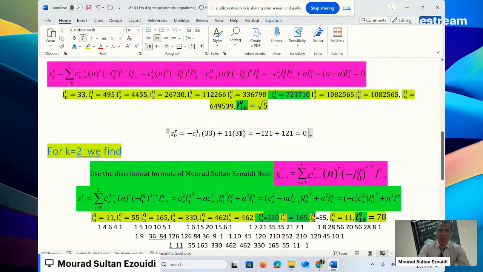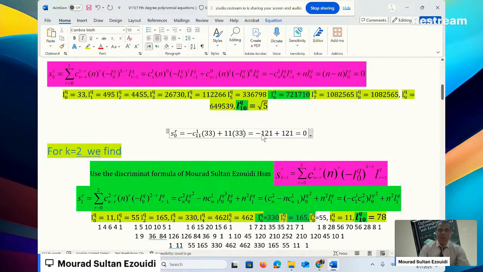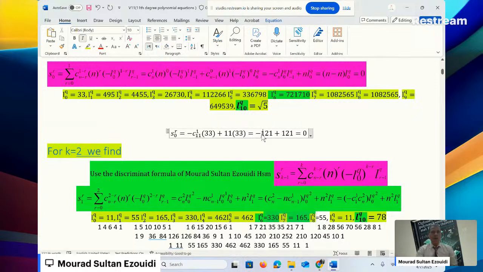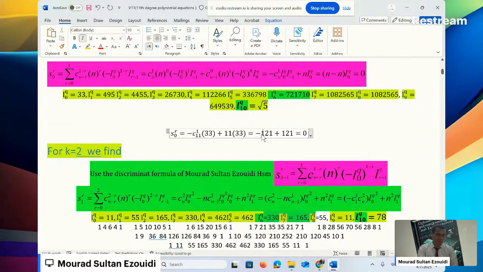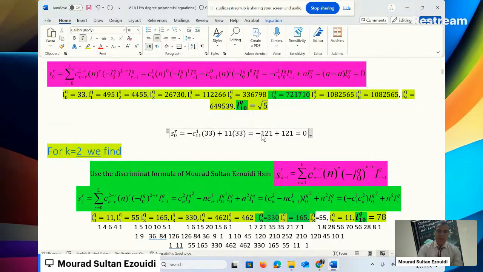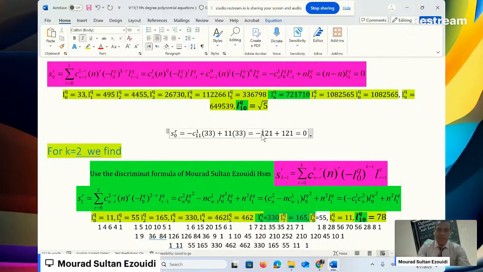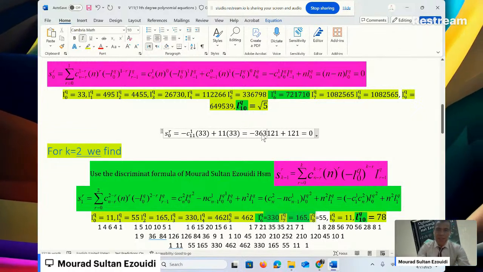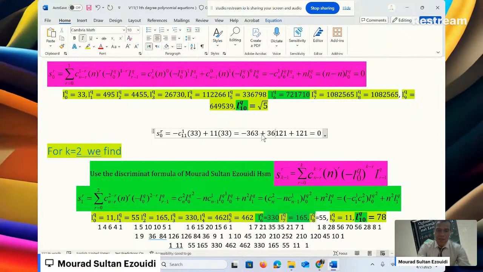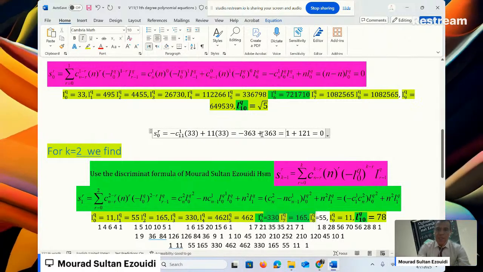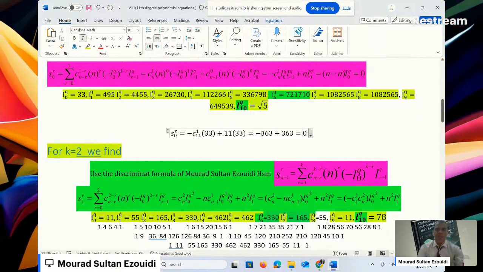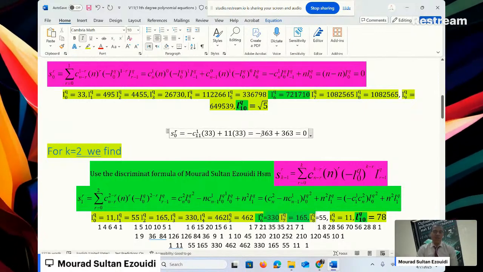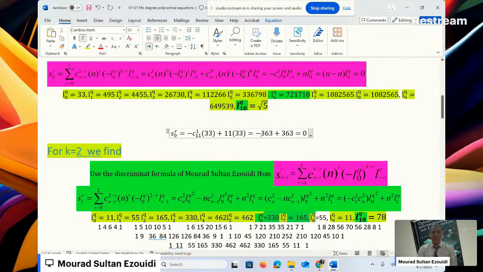So this one has to be equal to 11 times 33, which is 363. 363 plus 363. This one is going to be equal always to 0. This is S0 of all the r or of all the q is equal to 0.